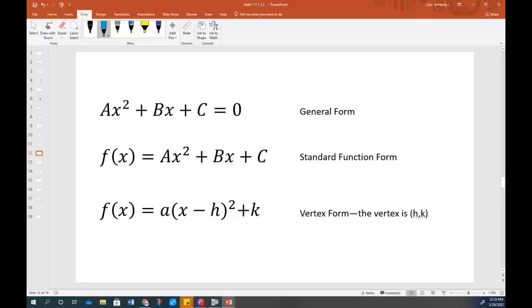So whenever you have the turn point, no matter which direction it's going, that turn point is the vertex, and the vertex is called h, k, all right? So we can look at this and tell what the vertex is.